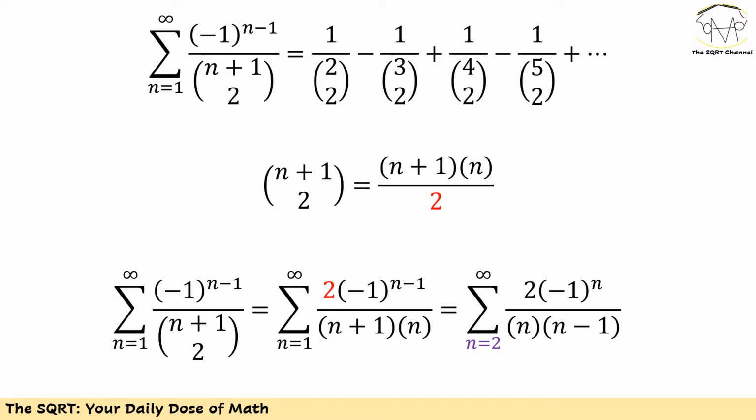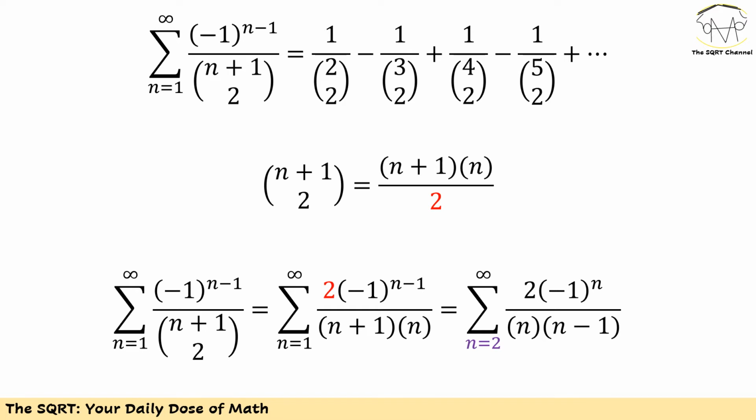But we know that negative 1 to the power of n minus 1 is going to be either 1 or negative 1. Starting from n equals 1, negative 1 to the power of n minus 1 is going to be 1.